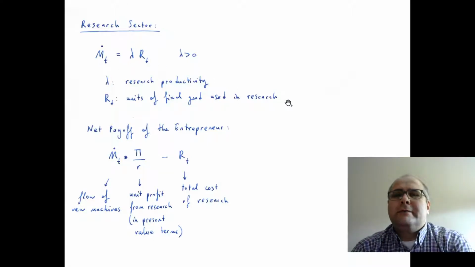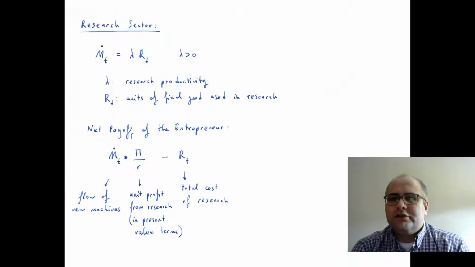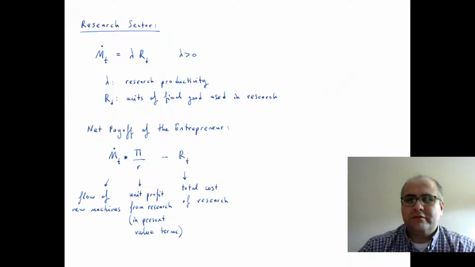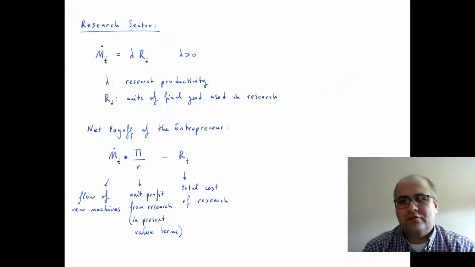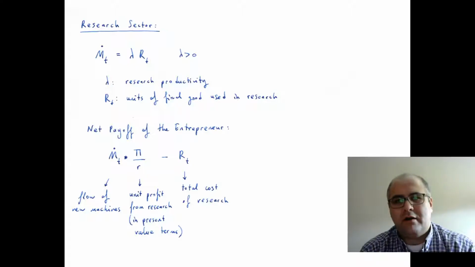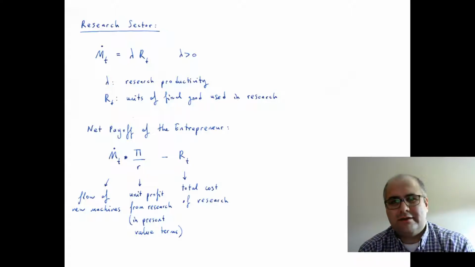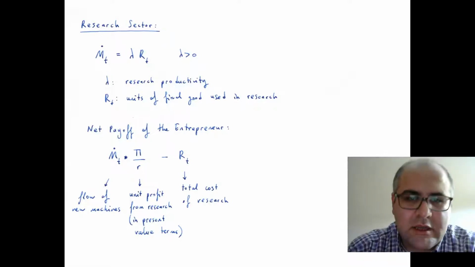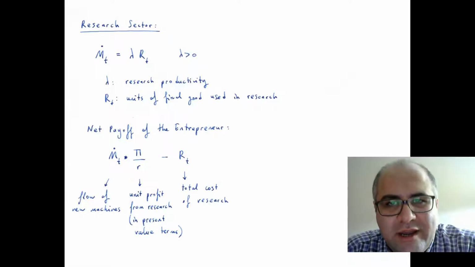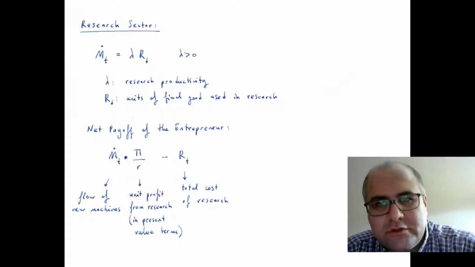Now, using that technology, that competitive research sector will try to find an equilibrium amount of R. So that's the idea. How much should that sector, or that entrepreneur, spend on research? That's the key question. And for this, we must write the net payoff of the entrepreneurs, right?